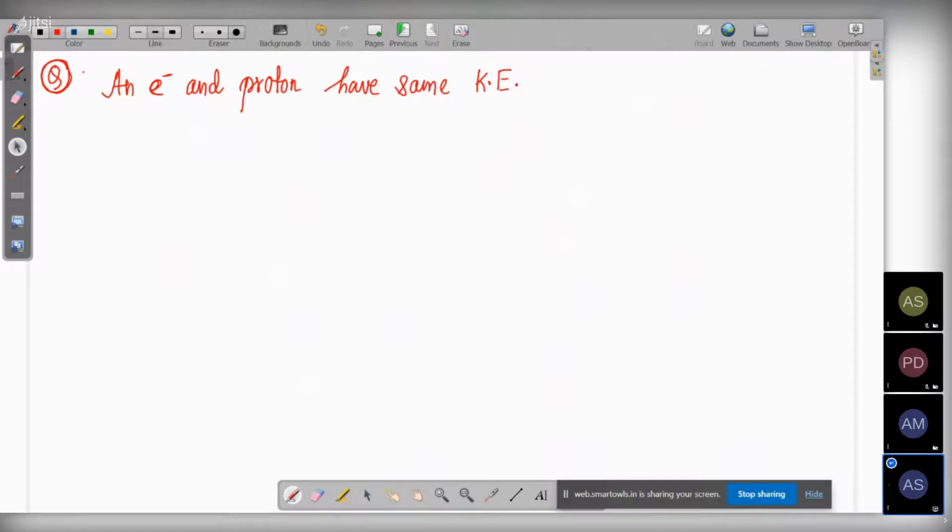Which one will have the higher de Broglie wavelength?